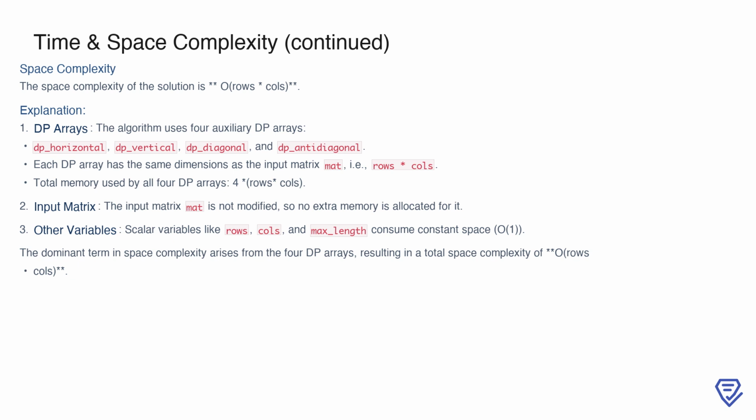The input matrix itself is not modified, so no additional memory is allocated for it. Apart from these, the algorithm uses a few scalar variables like rows, cols, and max_length, which consume only constant space. Therefore, the dominant term in the space complexity is due to the DP arrays, resulting in an overall space complexity of O(rows * cols).